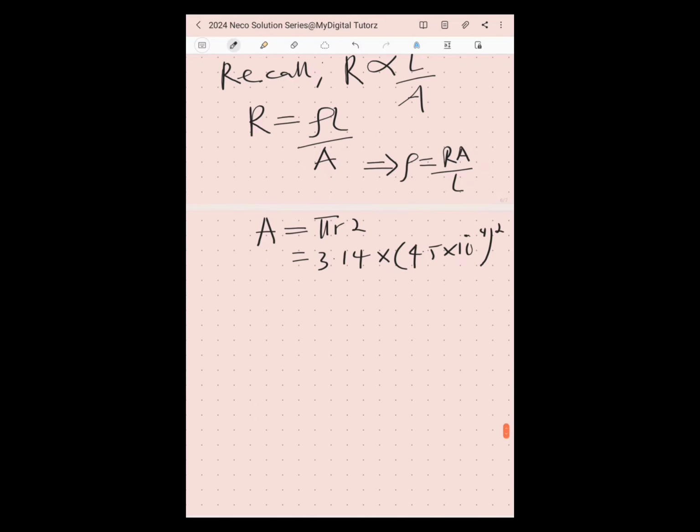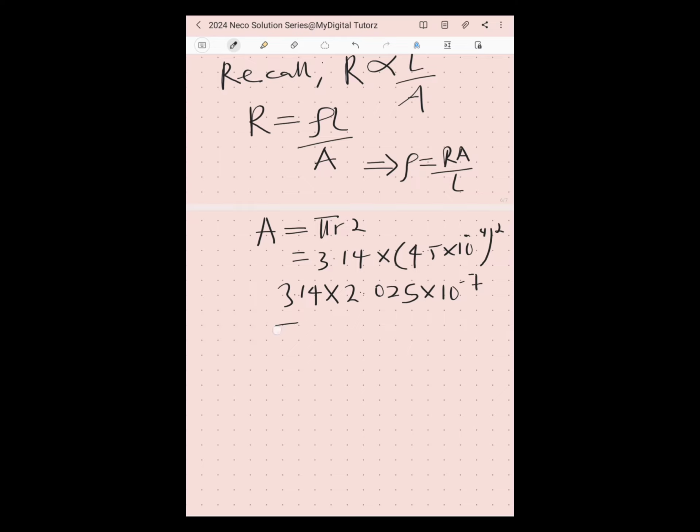That will be 3.14 multiplied by 4.5 times 10 raised to minus 4 squared, which gives us 2.025 times 10 raised to power minus 7.